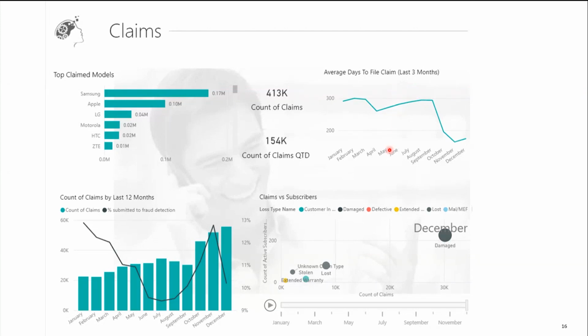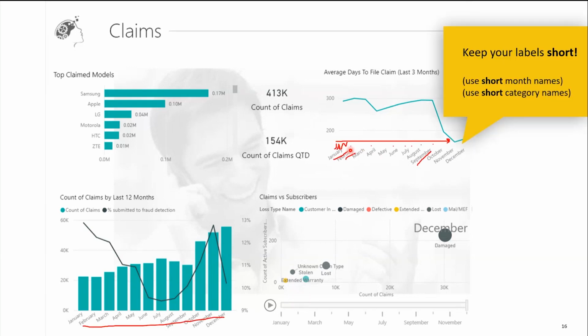But when you do that, make sure that your calendar has short month names, and just use the short month names by default in all the charts. And then everything will be much more legible, understandable, and you will use less space for the labels.